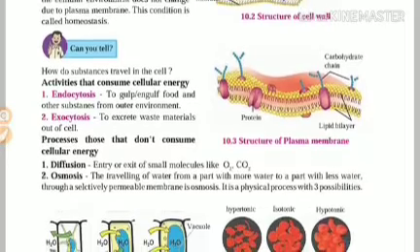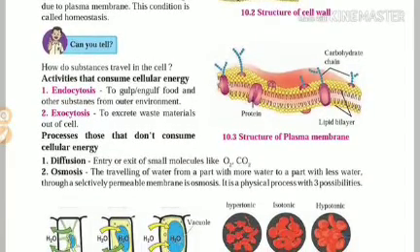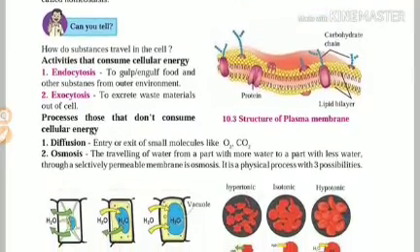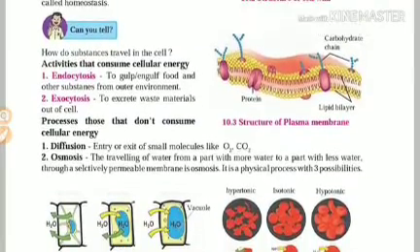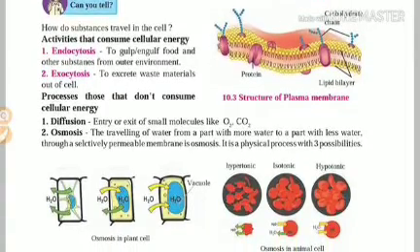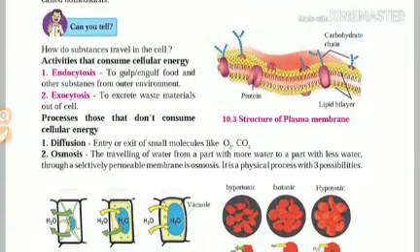How do substances travel in the cell? There are two types of processes. The first consumes cellular energy, and the second does not consume energy. The first is endocytosis.